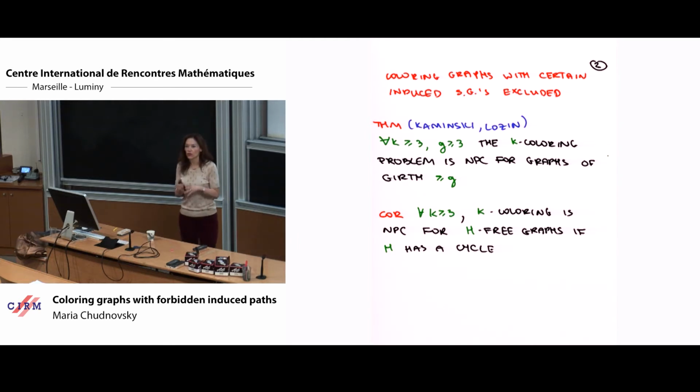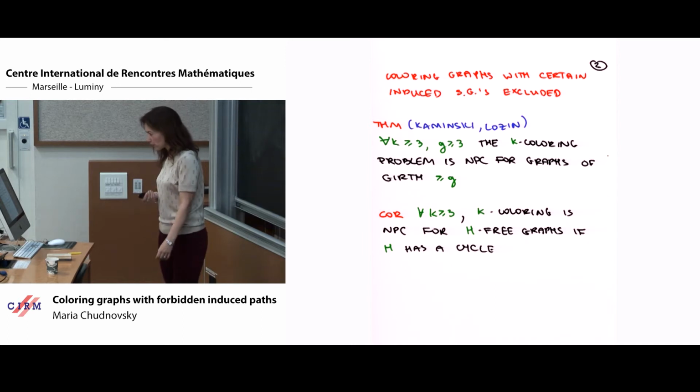It tells you that if you exclude anything with a cycle, that doesn't help, right? Because if I exclude a graph on 100 vertices but it has a cycle, then graphs of girth at least 101 are still in my class, and I know it's hard to color them. So if I were to exclude something and hope for things to get better, I must exclude a forest.